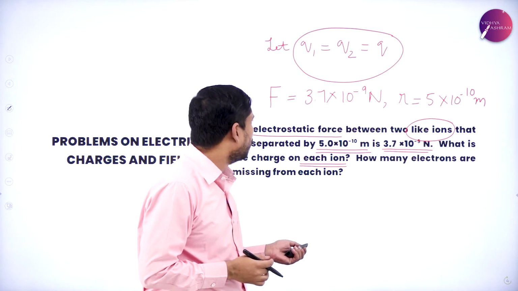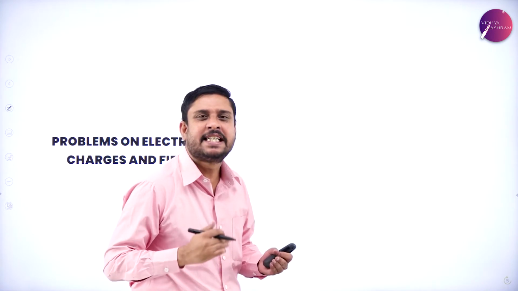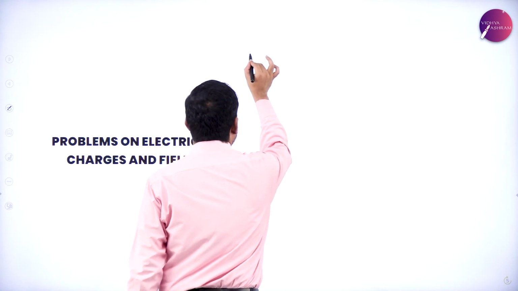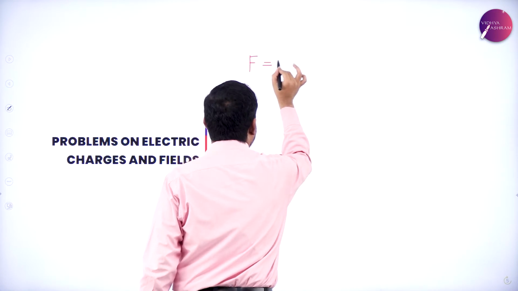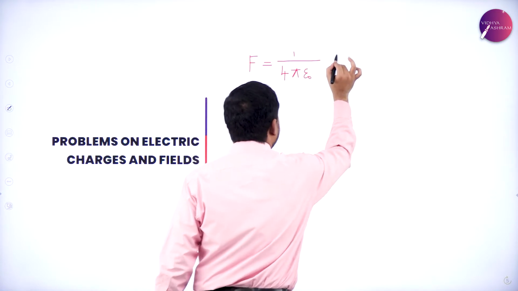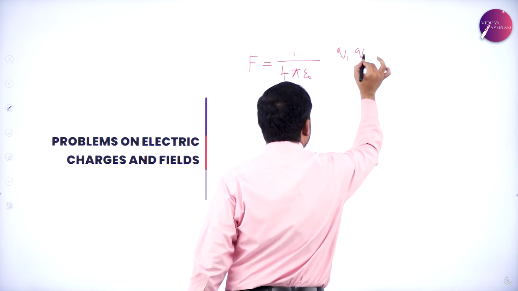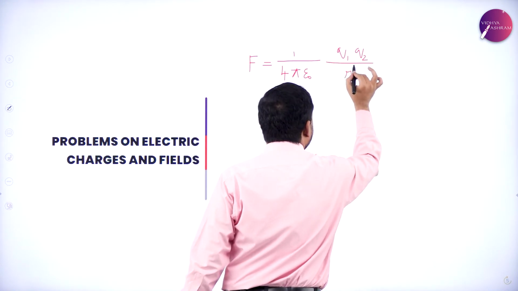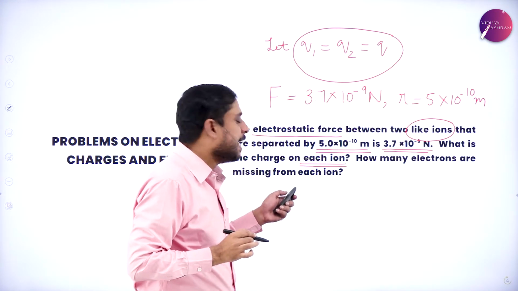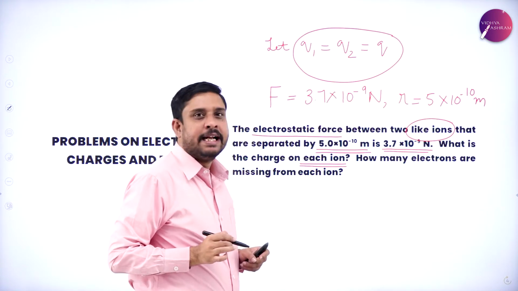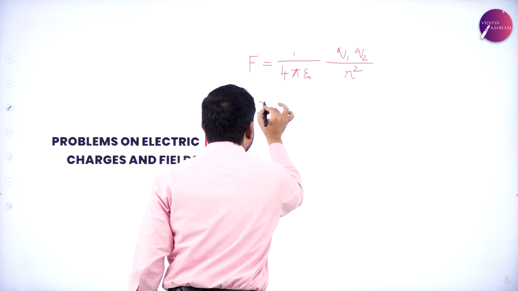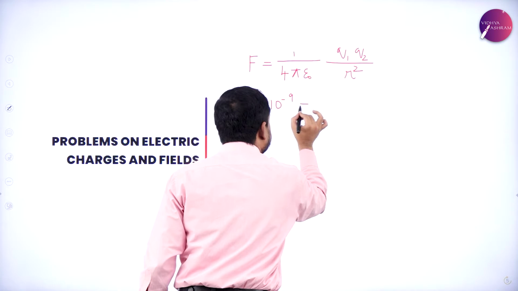Coulomb's law. Mr. Coulomb is there for our help whether it is attraction or repulsion between charges. So we have F is 1 by 4 pi epsilon naught Q1 Q2 by R square. How much is F given to be, students? 3.7 into 10 power minus 9.